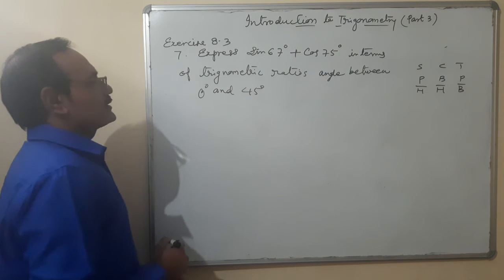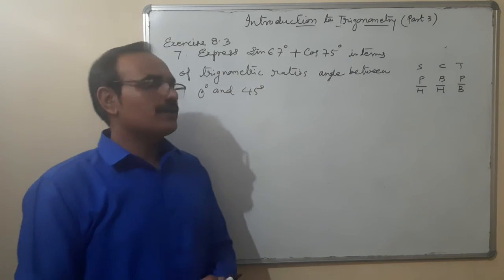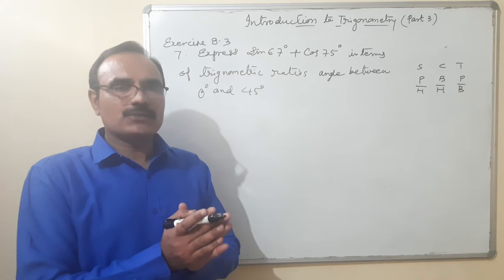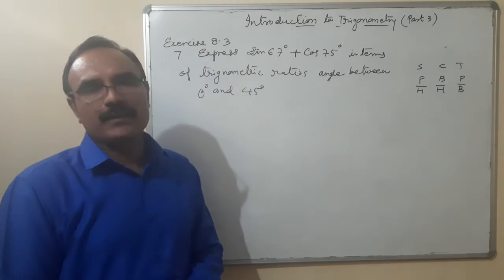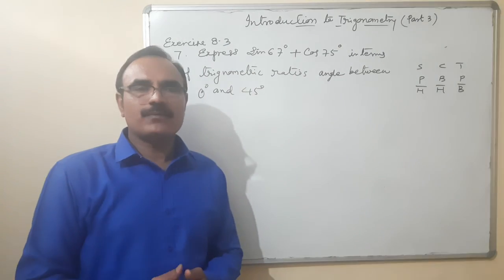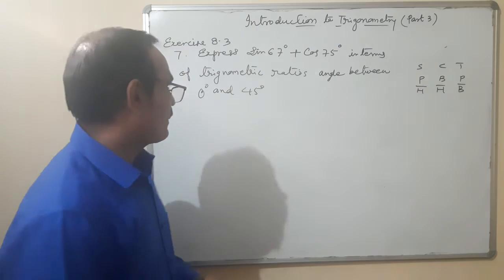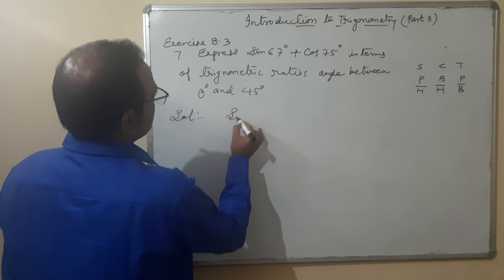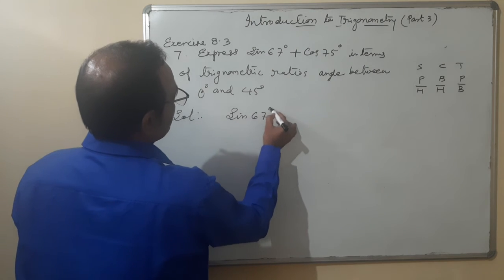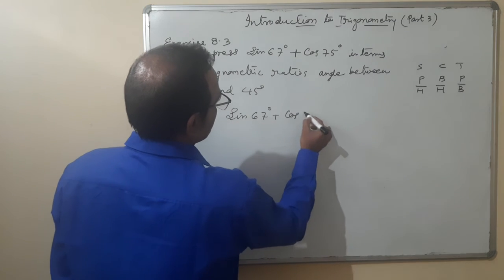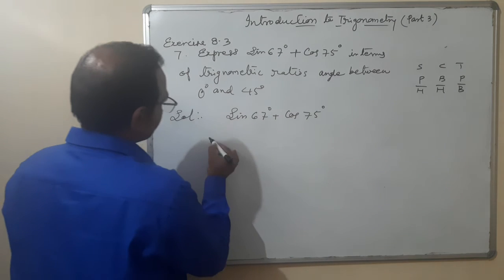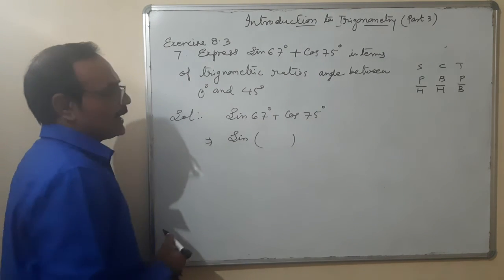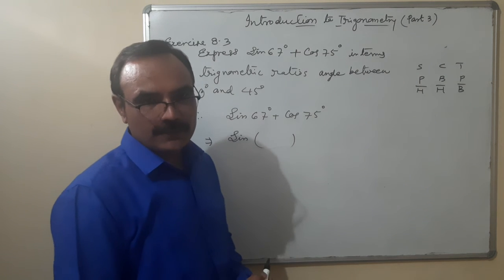Sin 67 degrees plus cos 75 degrees will be converted into the form of angles between 0 degrees and 45 degrees. So obviously we have to use the complementary angle in both. Sin 67 can be written as 90 minus something.